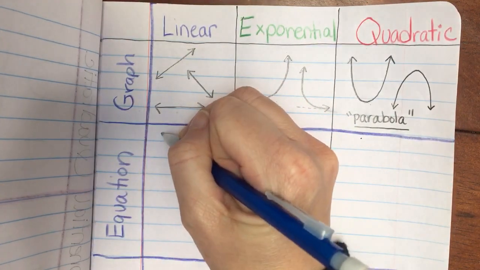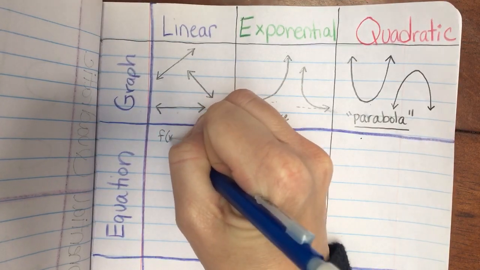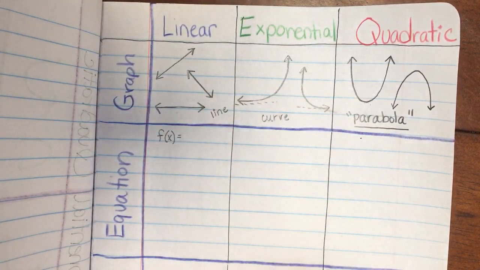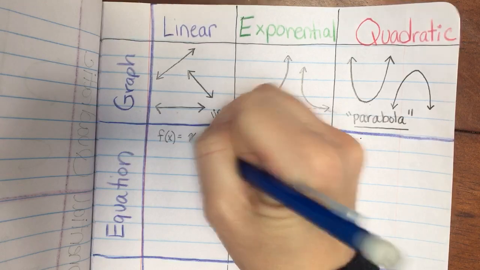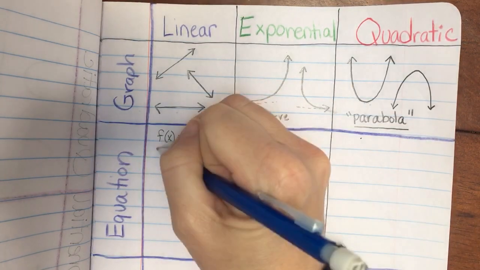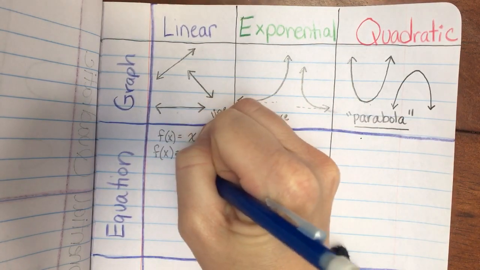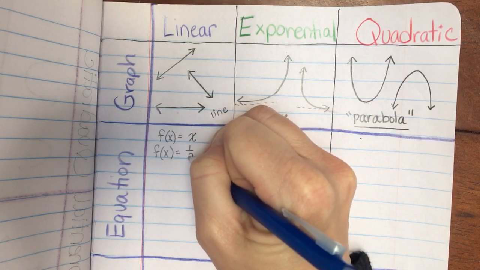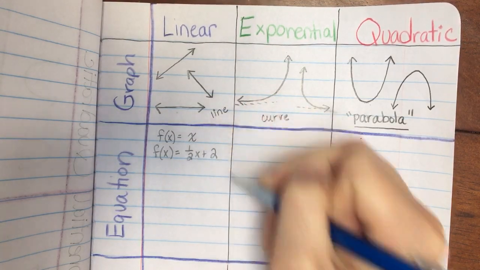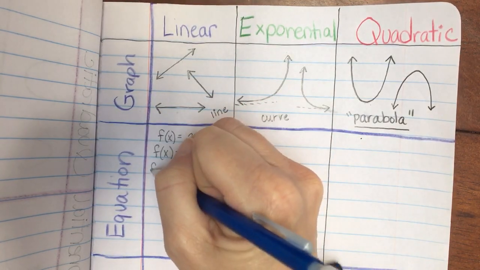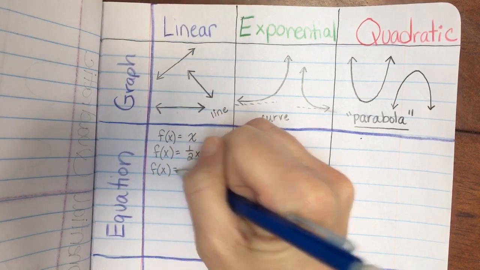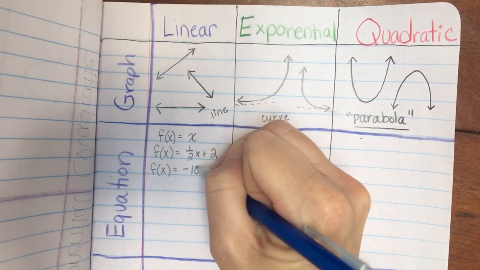So lines, here's an example. I'm going to use f of x for all of them. f of x equals x. f of x equals 1/2 x plus 2. You might see a line equation that looks like f of x equals negative 10x.